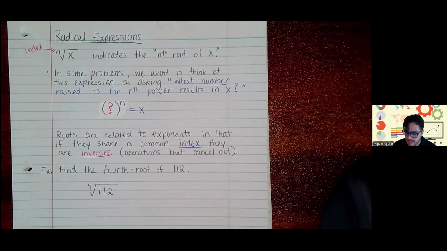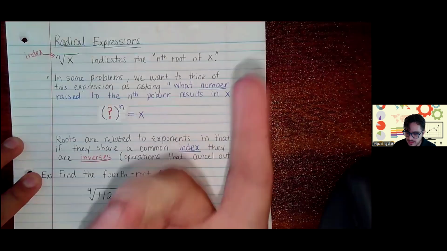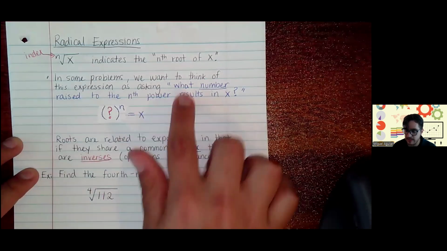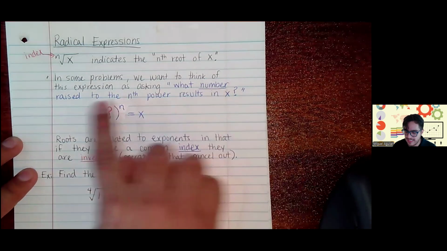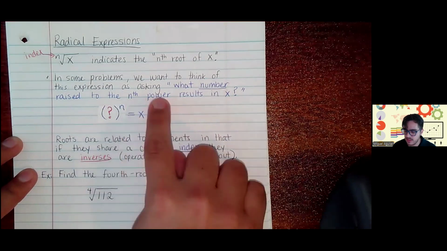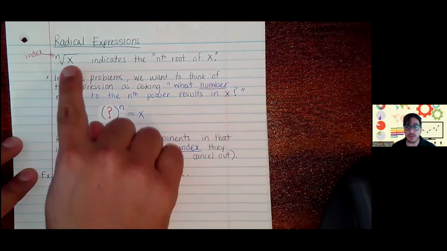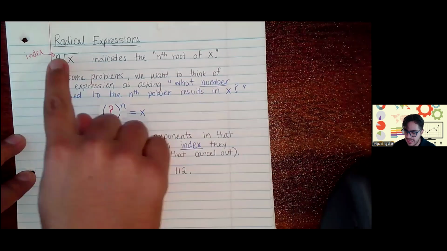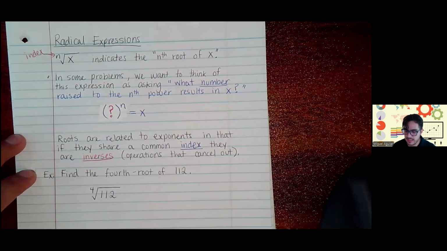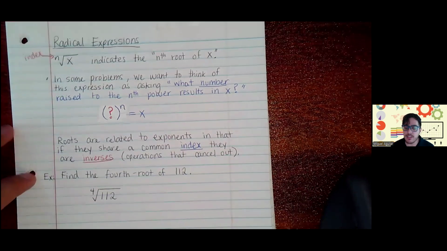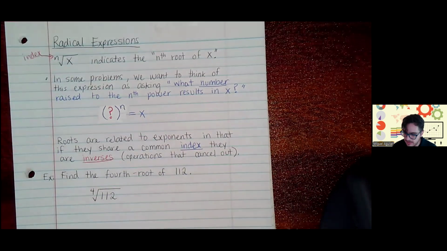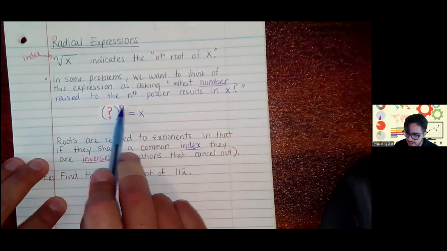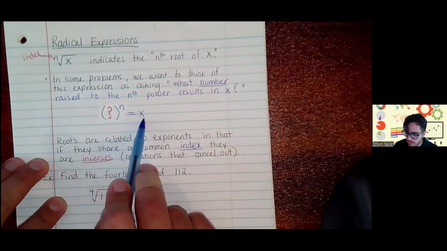In some of those problems that we saw in previous sections, we wanted to think of this expression as asking what number raised to the nth power results in x, which we called the radicand. What number raised to some n power gives us that number on the inside? So another way to reformulate it is by setting up this equation where something raised to that power n equals that radicand.